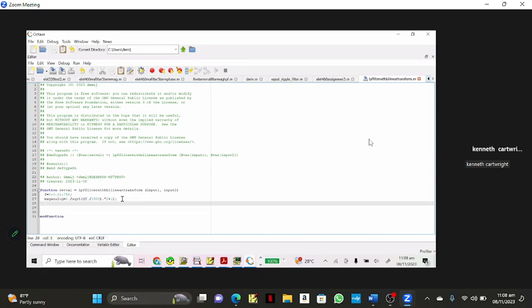And so I plot F, comma mag analog. And let's save this.